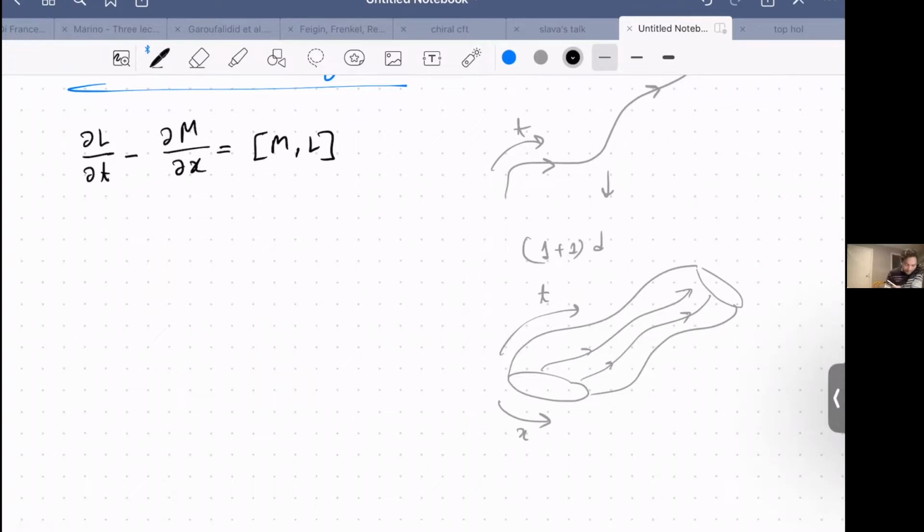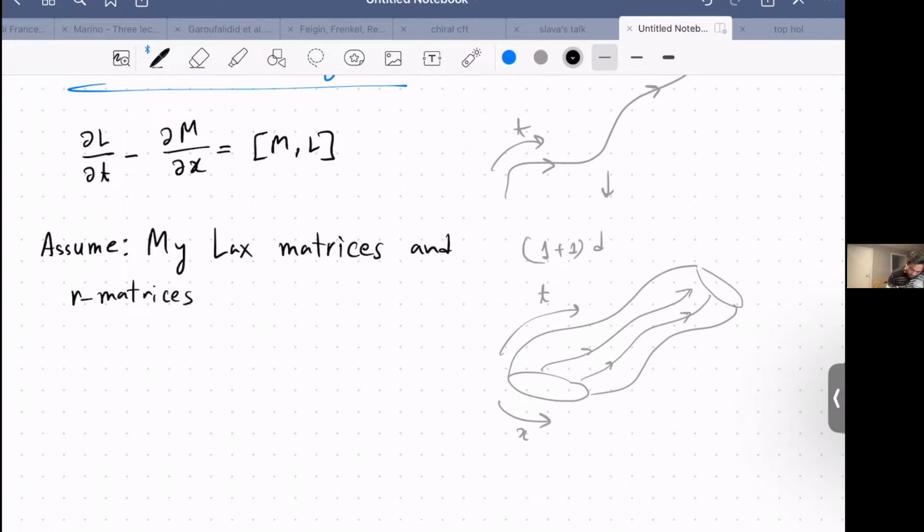so I will make one more generalization, which is that I will assume my Lax matrices and R matrices depend on an auxiliary variable.